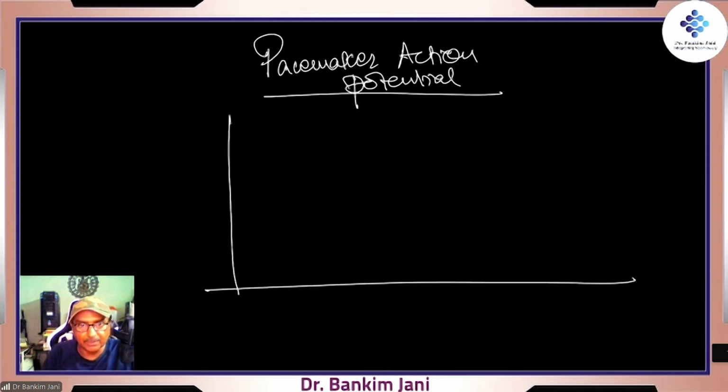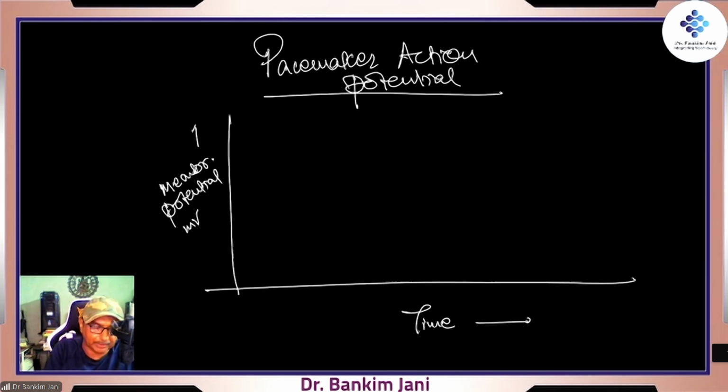So here is the graph, and this is the membrane potential, which is in millivolts, against the time. We plot one graph and let's see what really happens. The whole game starts at -60, at this level.